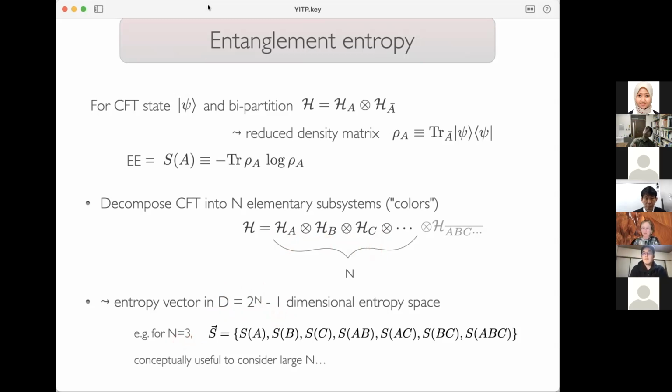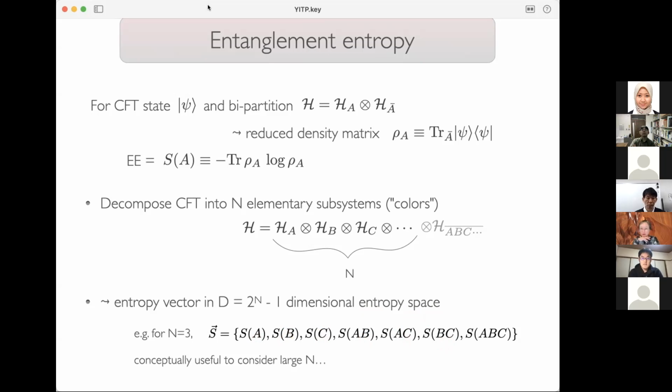So if you have just 3 parties, 3 subsystems, then we can arrange them into this 7-dimensional vector in entropy space, where I just list all these individual entanglement entropies.